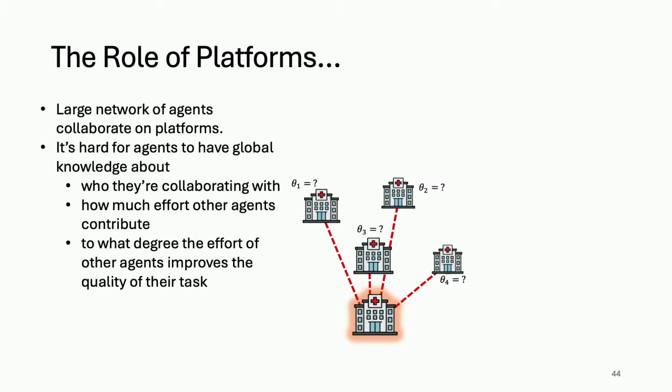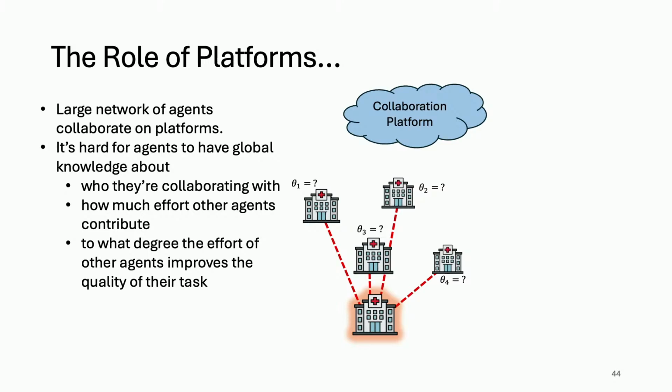So they have no idea about the other theta j, and they don't know where their position is in this collaboration network. There's just a lack of information about this collaboration network.